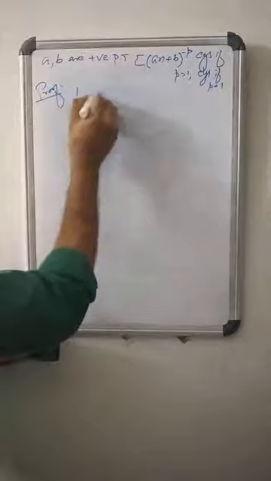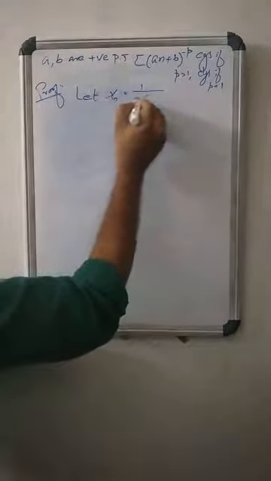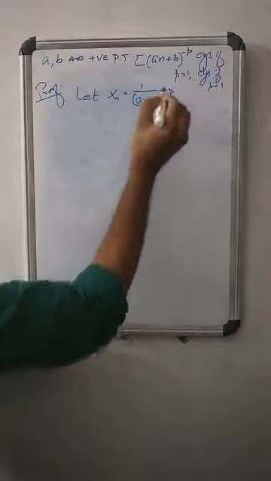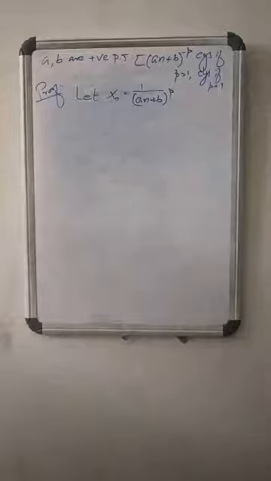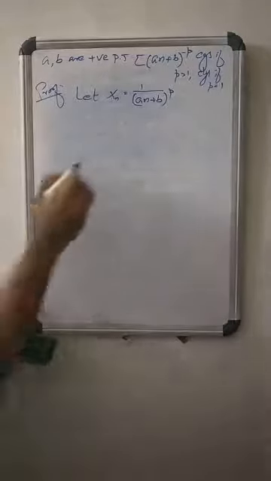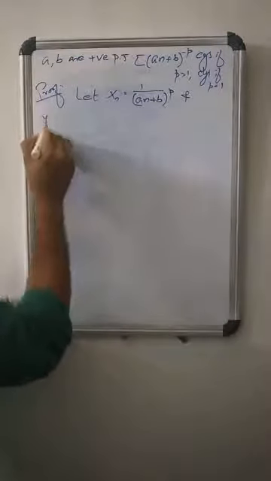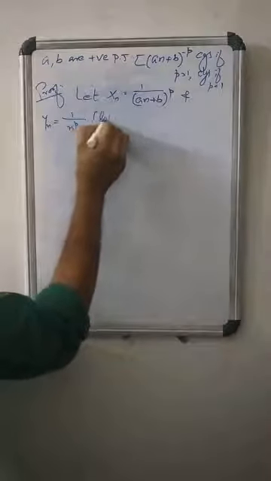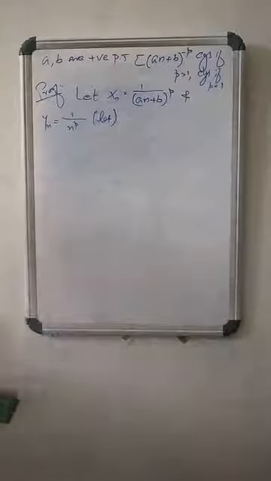Let xn equals 1 by (an plus b) all power p, or (an plus b) all power minus p, and yn equals 1 by n power p.